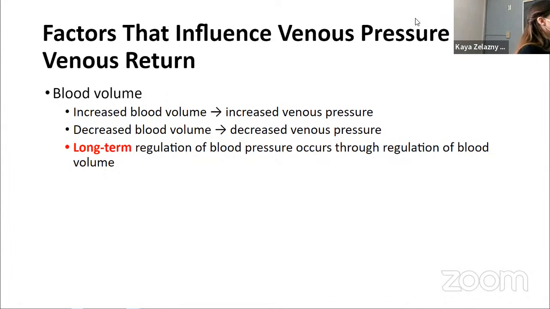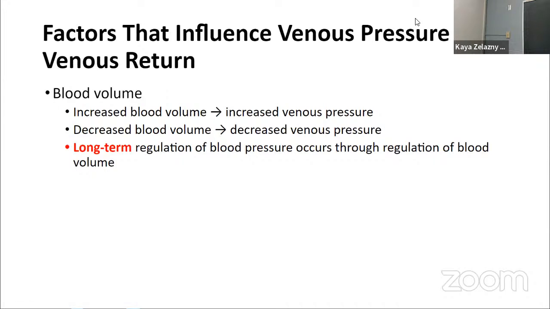So we're going to see that we can partially regulate venous pressure along with regulating overall blood pressure, our MAP. These are going to be very tied together. Our long-term regulation of the blood pressure is going to be through regulation of this overall blood volume and therefore regulation of venous pressure. And that occurs mainly through what the kidneys are doing, because the kidneys' basic role is to filter out fluid from the blood and have you pee it out as urine, right?